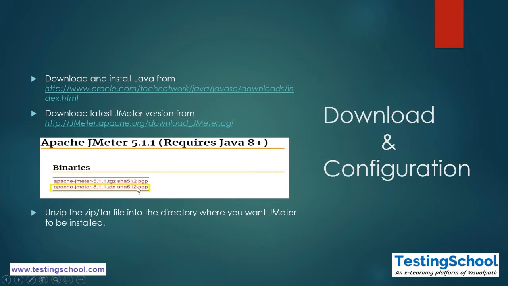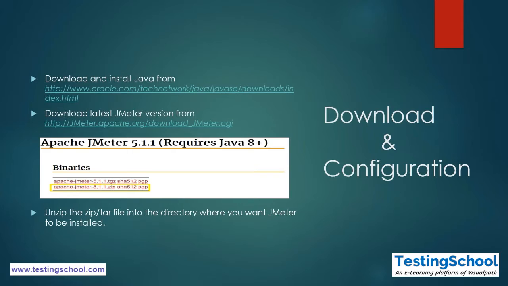As I'm using the Windows platform, that's why I've shown the zipped folder. You have to download this zip folder on your machine, and the next step is to unzip the zip or tar file, whichever suits your platform, and extract all the files into the directory where you want to install JMeter. So downloading and unzipping of JMeter is done.